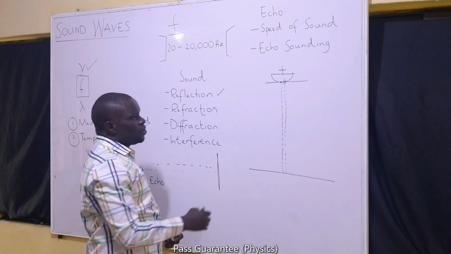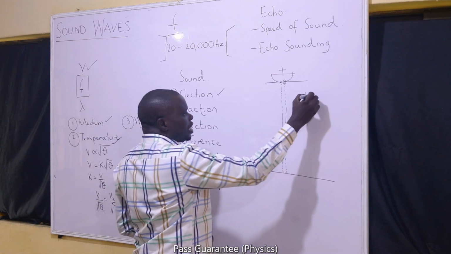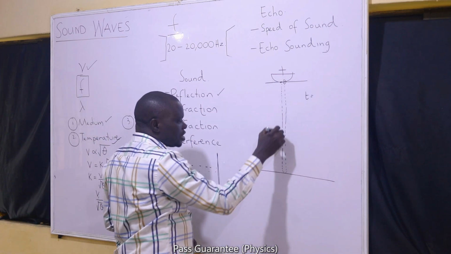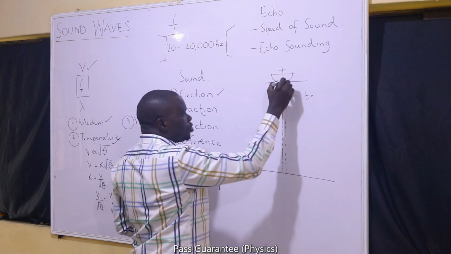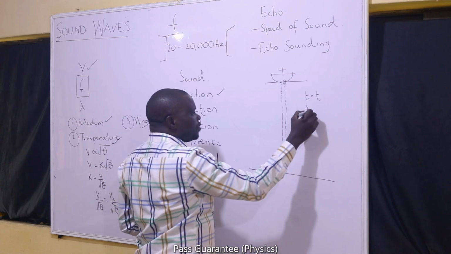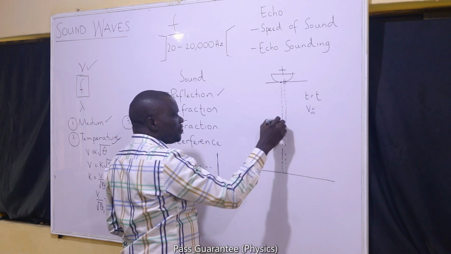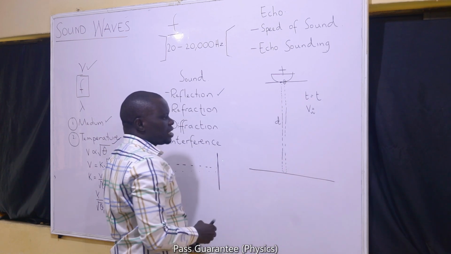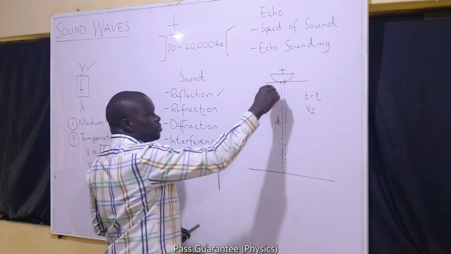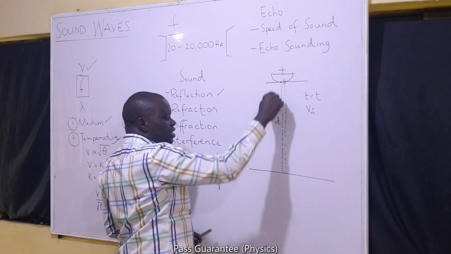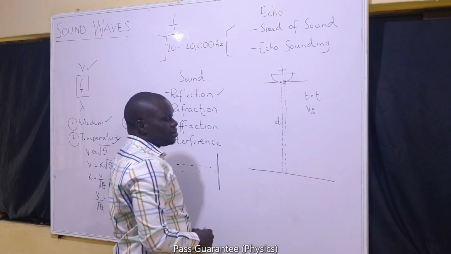If, for example, it took a time T for the sound to go through its downward and upward motion, and we know the velocity of sound in water, I can find the depth of the sea, represented as D, which is the distance between the ship, the surface of the water, and the seabed.